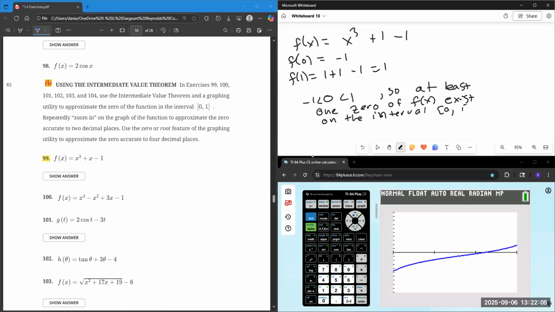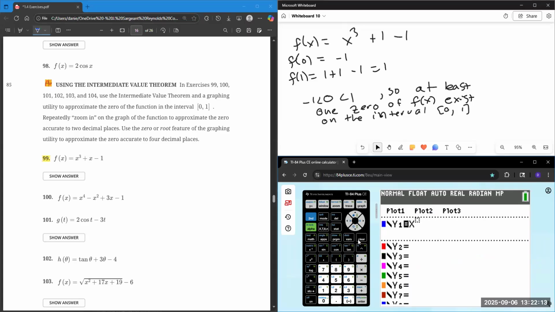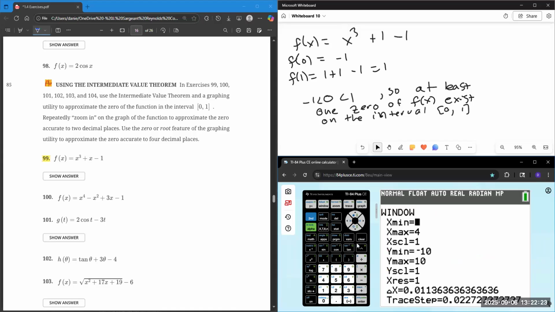And let's go ahead and graph it here. X cubed plus x minus 1, and window 0 to 1.